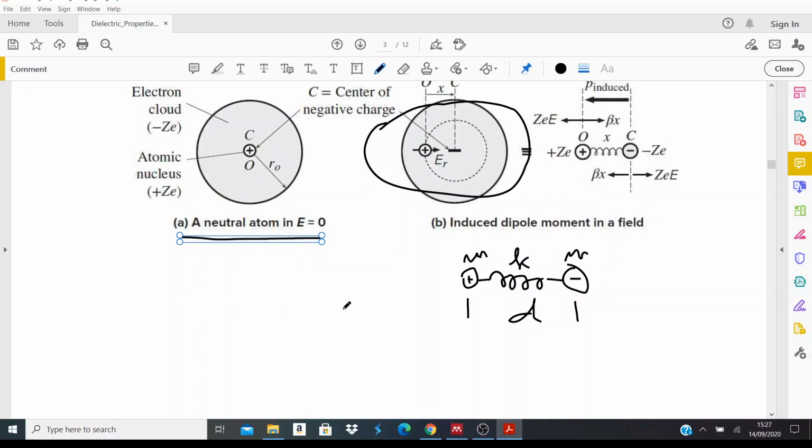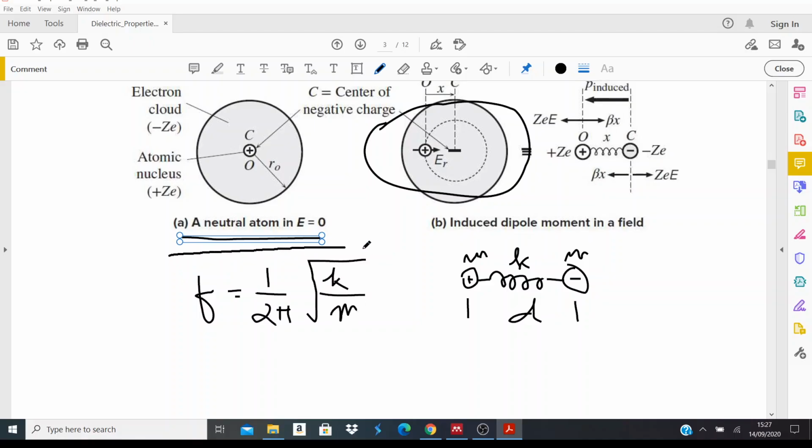The important thing to remember about this sort of spring-mass problem is that it always has some vibration resonance frequency, the characteristic frequency at which this spring wants to vibrate. And from your undergrad physics courses, you know the frequency of vibration for this sort of spring-mass system is nothing but 1 over 2 pi root over k by m, right?